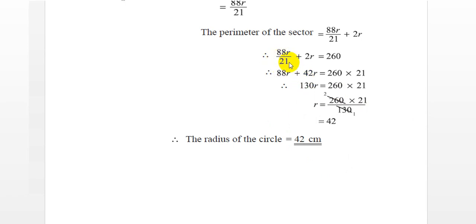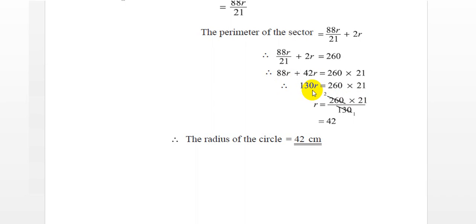So this particular section is a calculation of a simple equation. So 88r plus 42r is equal to 130r. 130r equals 260 multiplied by 21. Since I need to find the value of r, I make r the subject here.